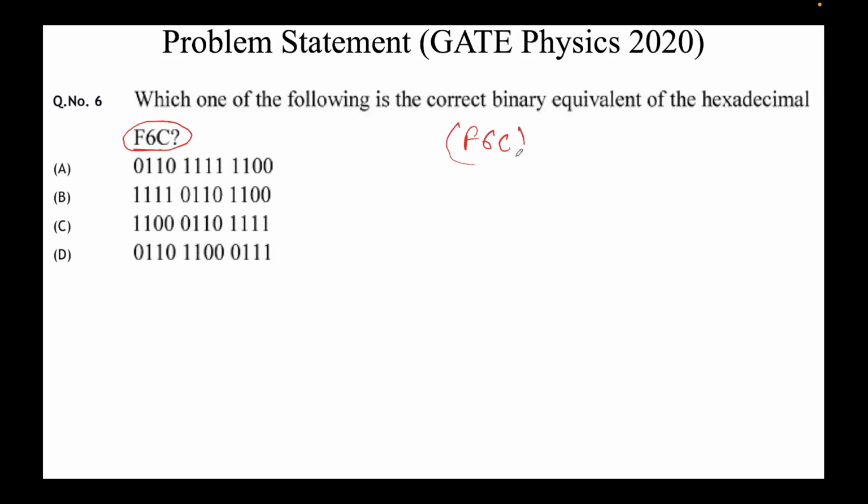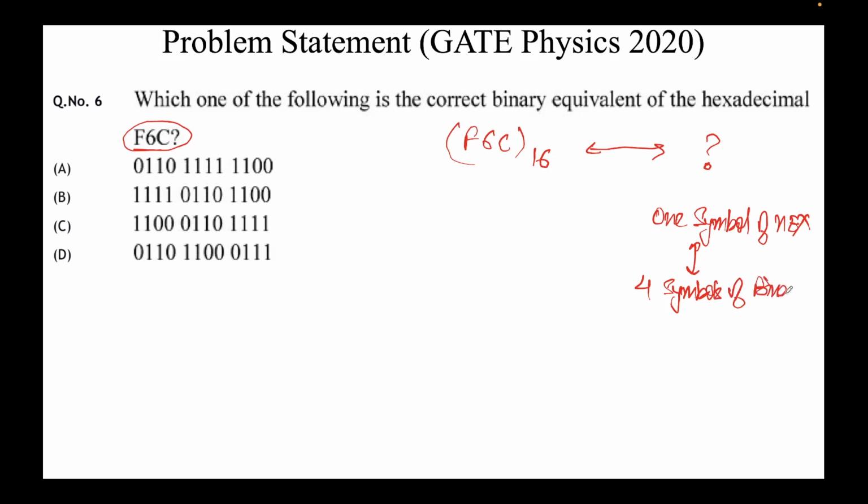Let's say the number given to us is F6C in hexadecimal, and we need to find what this is in binary. We know that one symbol of hexadecimal, which I'm writing as hex, is equivalent to 4 symbols of binary. So let's do that.